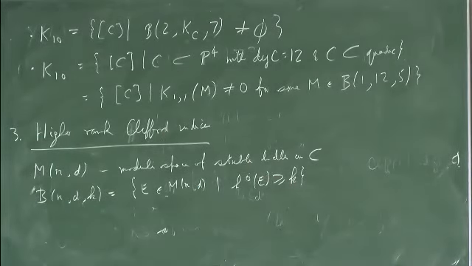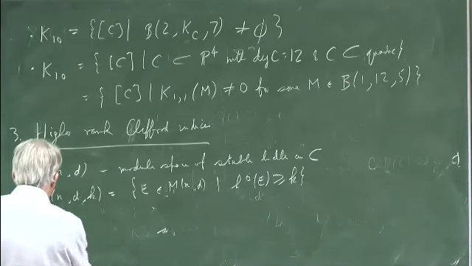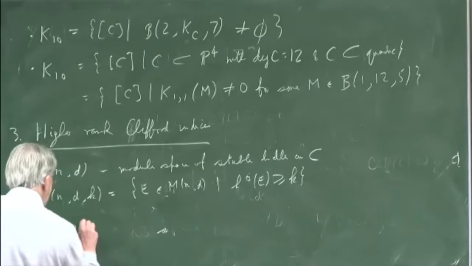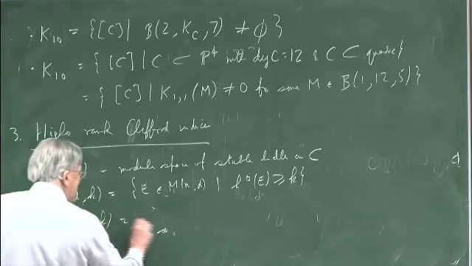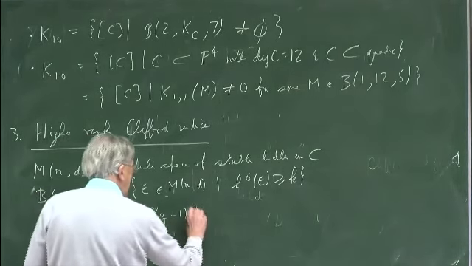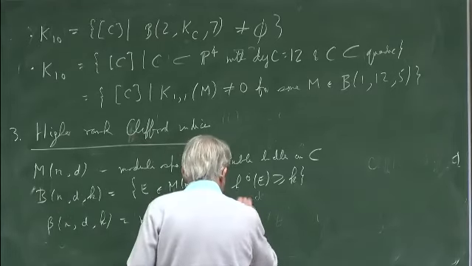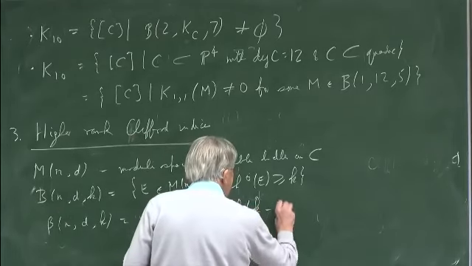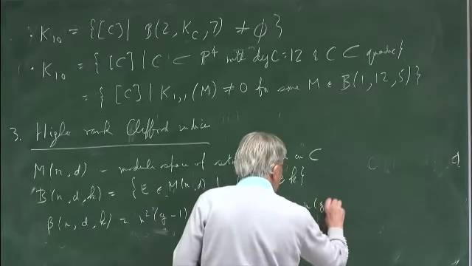So the corresponding higher rank Brill-Noether locus. And beta(n,d,k), you work out what that should be in this case. The expected dimension is n squared into g minus 1 plus 1, minus k into k minus d plus n into g minus 1.